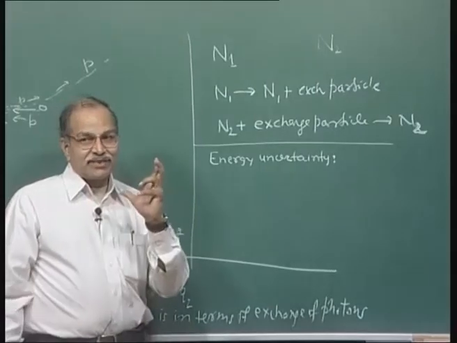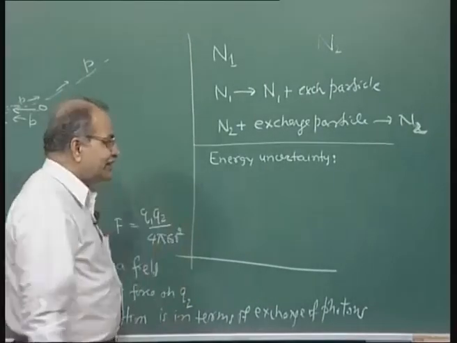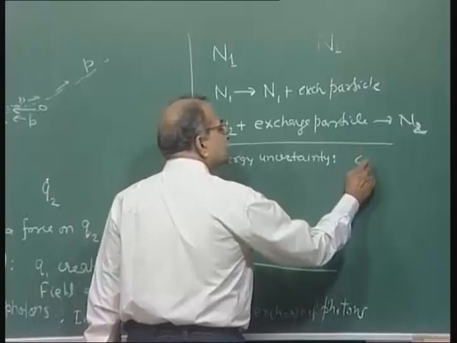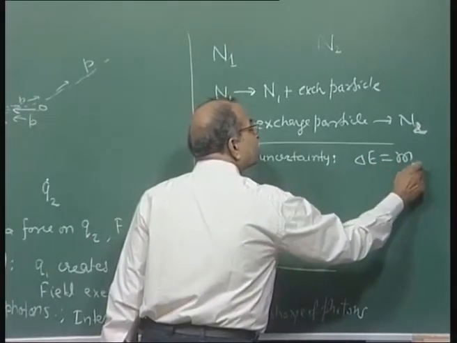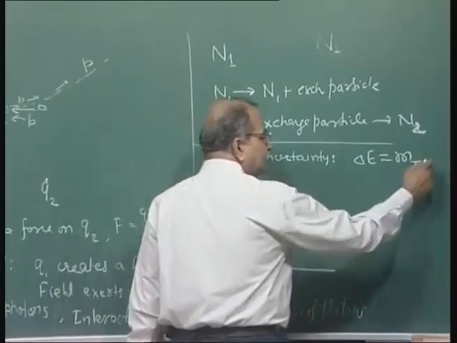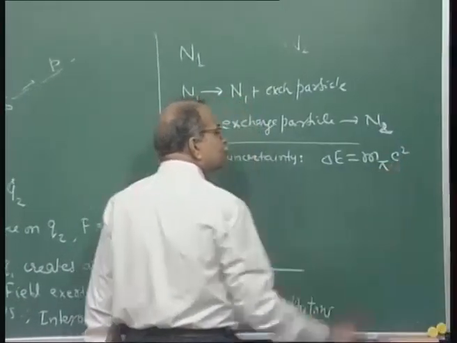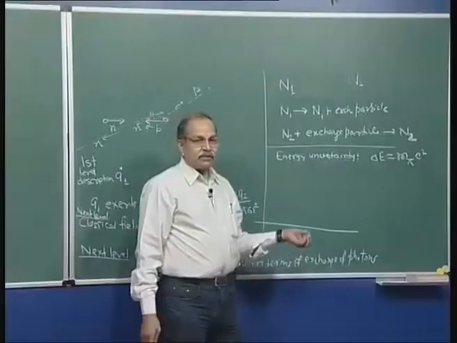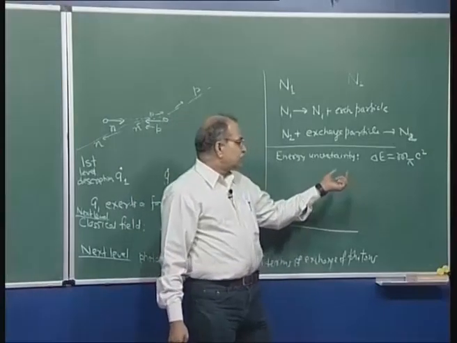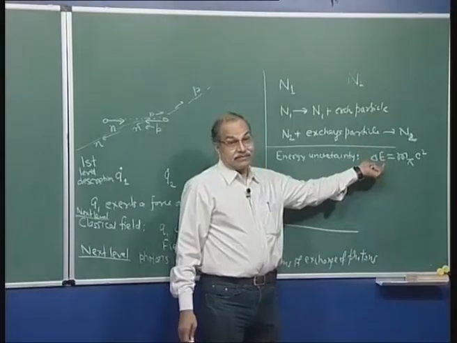So, it appears there is an energy uncertainty, and that is of this type, mass of, let me put this pi here, you know why I am putting pi here. This is the kind of uncertainty, but then the uncertainty principle allows this, right.